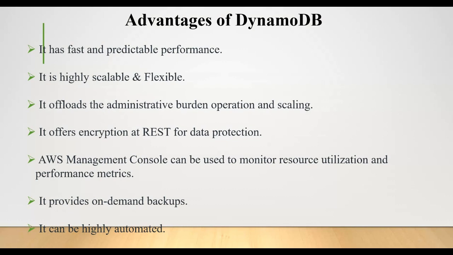In security, DynamoDB meets global regulatory compliance standards, and it also offers encryption at rest, which uses encryption keys stored in the AWS management. It's highly scalable, so it supports auto sharding and load balancing, which allows applications to store growing amounts of data. In consistency, DynamoDB offers eventual consistency, which means that data changes are propagated across replicas asynchronously, and the cost is calculated based on reads and writes, depending upon the usage.